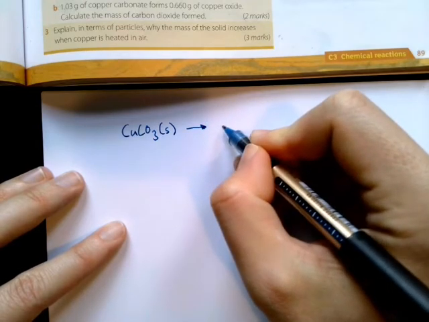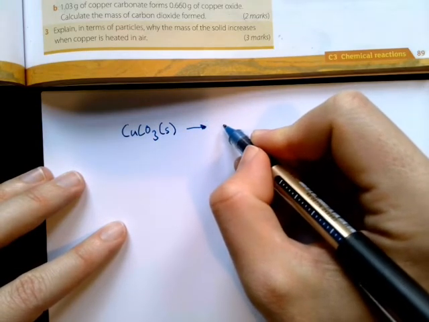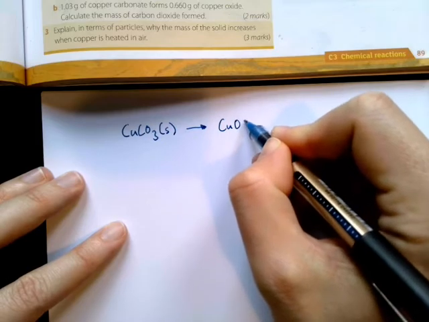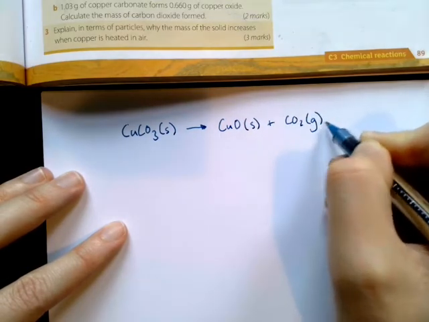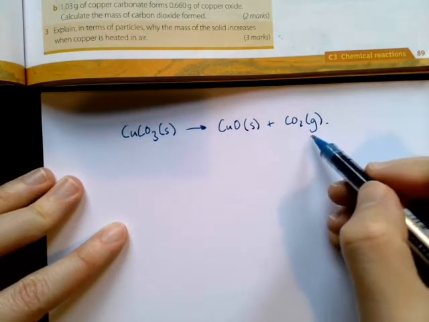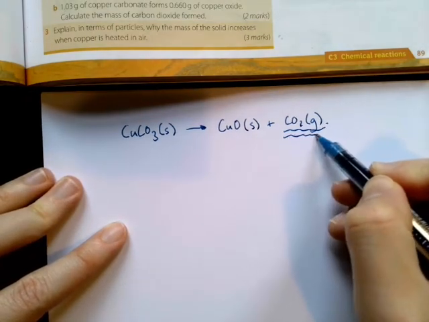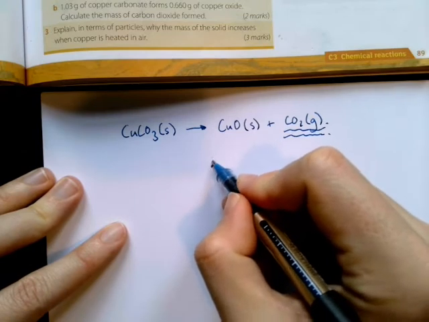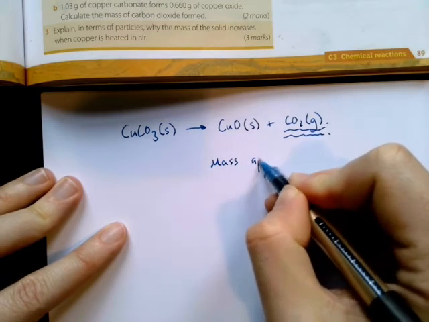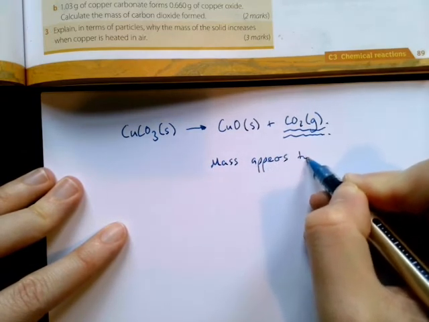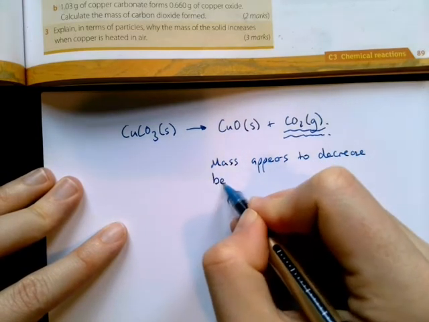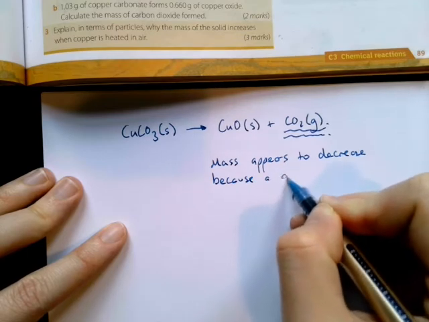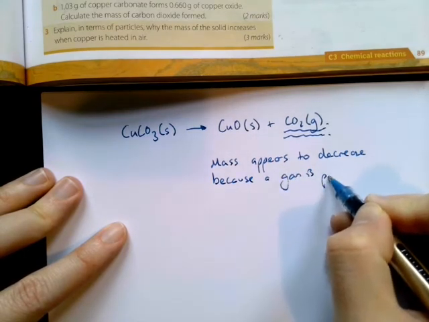You heat it up, it decomposes to form copper oxide plus carbon dioxide gas. So the reason the mass goes down is because you make a gas. So we can say the mass appears to decrease because a gas is produced.